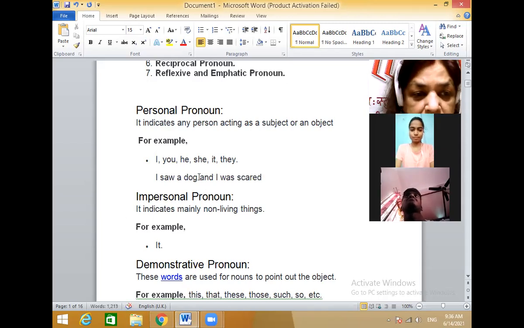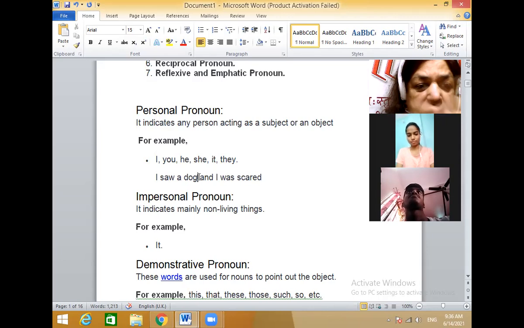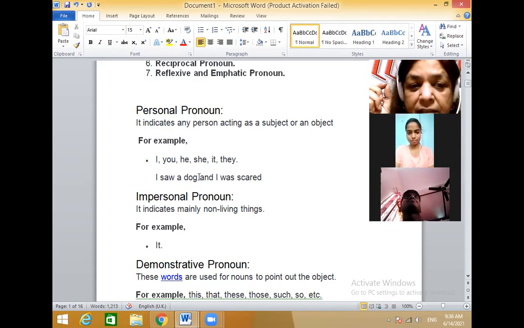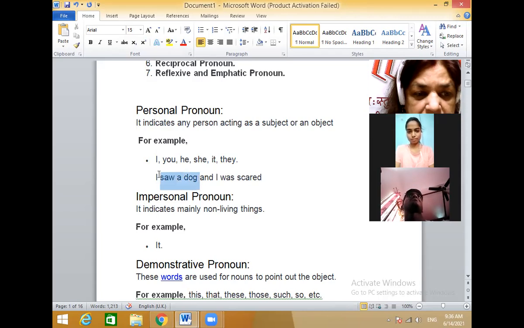Now I saw a dog. This was a simple sentence, right? And I was scared. You converted this into a compound sentence. I saw a dog is a complete standalone sentence. It makes sense. I was scared makes sense. This is complete sense, no?